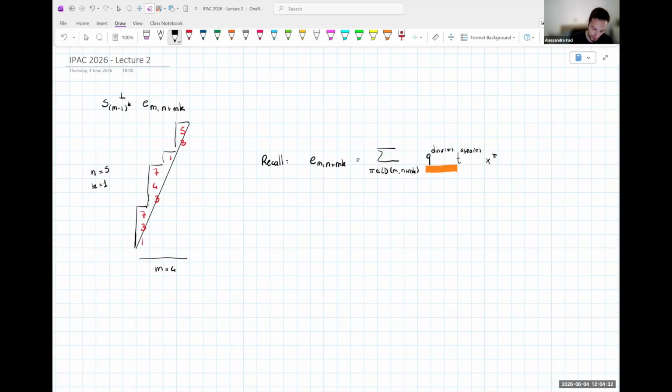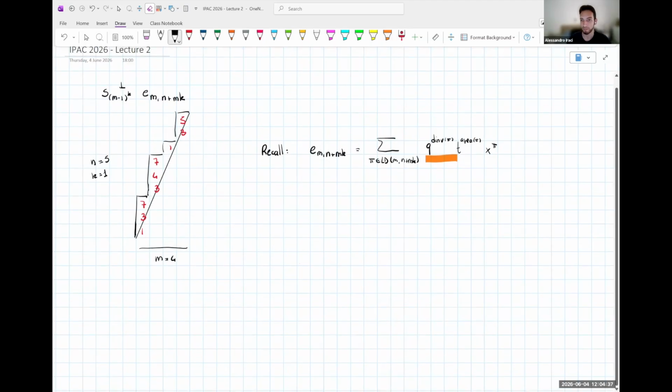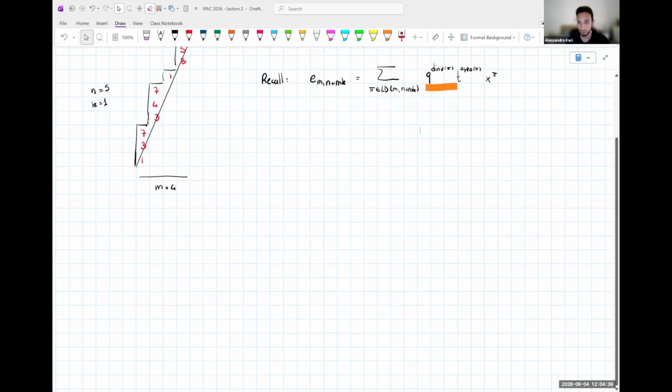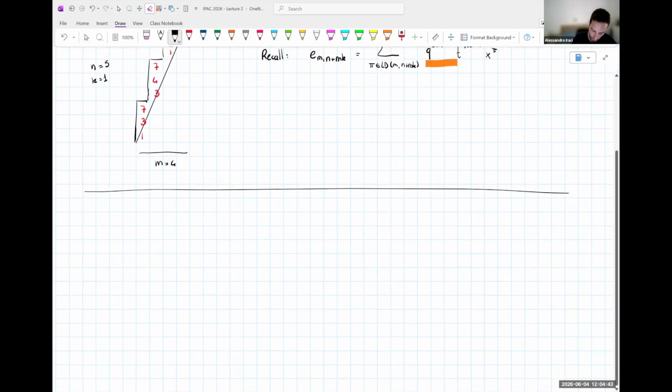So first thing is, what is this gadget doing? One way to see the skewing operator is to look at this identity here. Let's say we have f and g, any two symmetric functions.